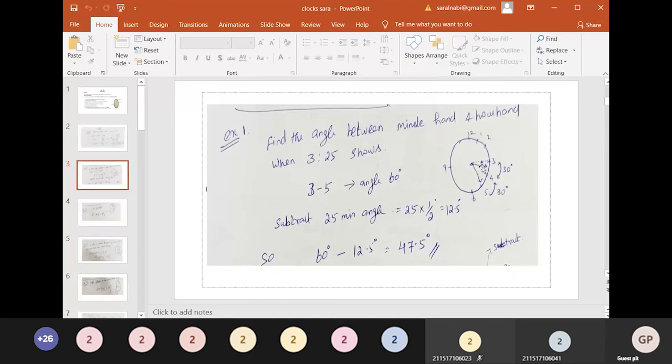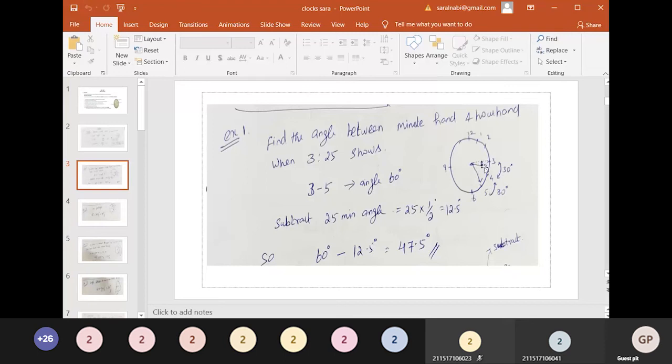So we have to subtract this angle from the total 60 degrees. One minute is equal to half a degree, so 25 minutes is 25 into half, which is 12.5 degrees. So the angle is the total 60 degrees minus this angle, 12.5.